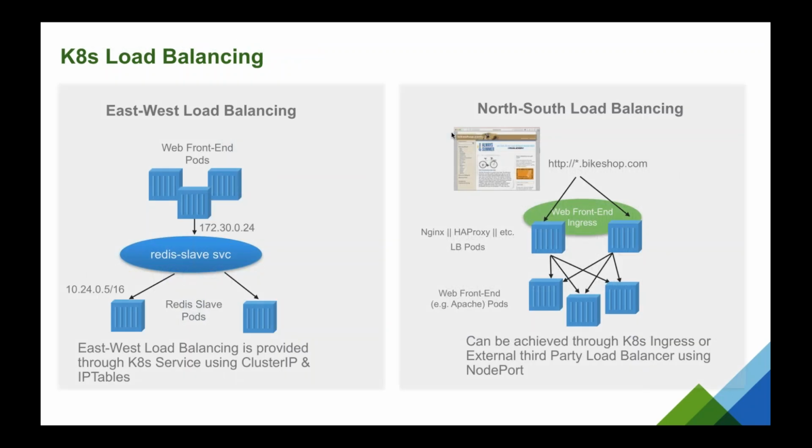And that works together with the east-west load balancing solution in Kubernetes, which is the Kubernetes service. So the Kubernetes service itself is first and foremost a way of organizing pods that serve a service. So in that picture on the left, we have two pods that are my Redis slave pods. So those, as the name says, give me a Redis service.